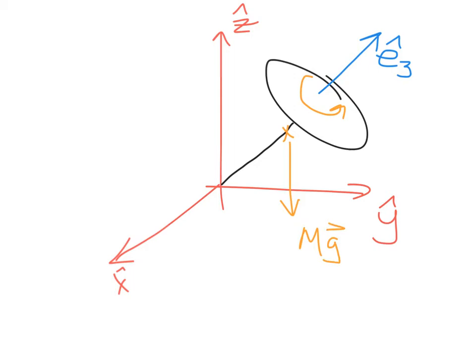And we've already seen that this gravitational pull results in a torque, which is, remember, R crossed into the weight of the top, and that gives us a torque into the page in this case.